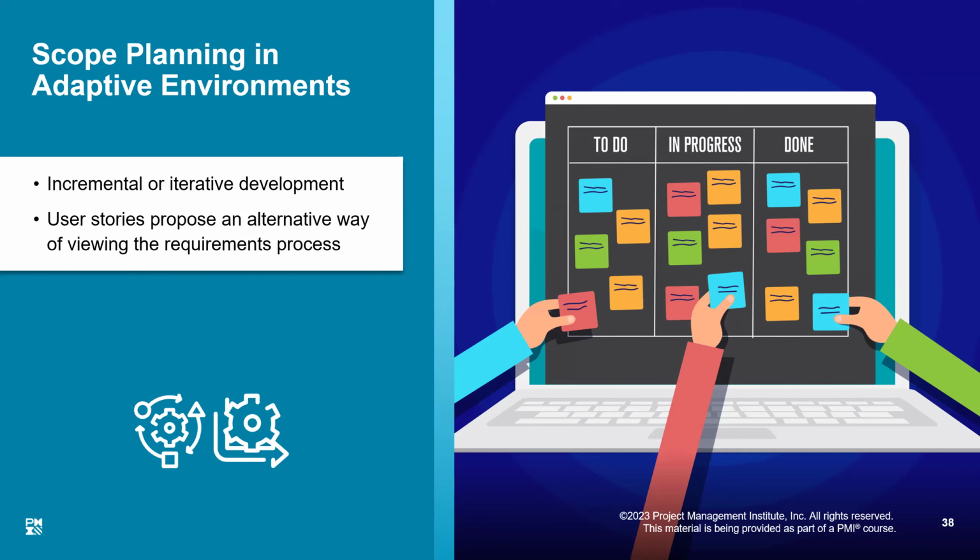Once the job is done, we remove it from in-progress and move it to the done column. So rather than having a complicated schedule and critical path and all, this adaptive method is as easy as ABC. So simple, not very complicated.